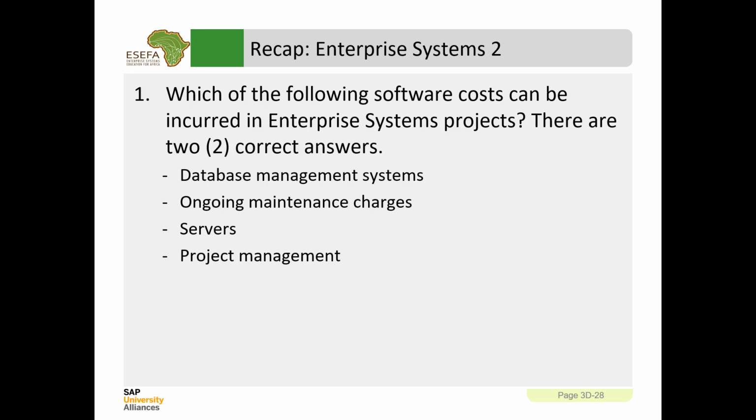Database management is 1, ongoing maintenance charge is 2, server is 3, and the last one, project management, is 4. Just chat in your answer. Is it 1 and 2, 2 and 3, or what combination do you think? There are two correct answers here. So what do you think is the answer?